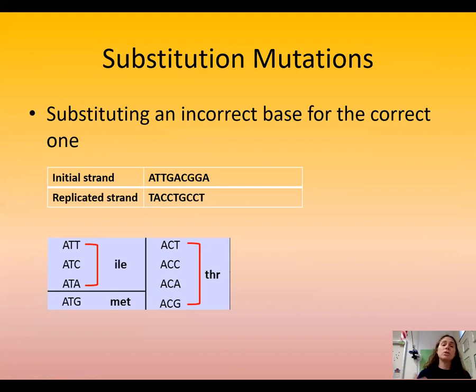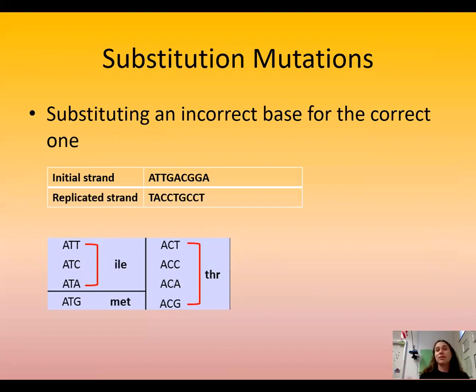Now remember, when you're now reading that as mRNA, when the ribosome is reading it, that may or may not actually change the protein. So if you look, I just pulled this little bit off the codon chart, right? So all of these 4 codons actually code for threonine, or whatever it's called.